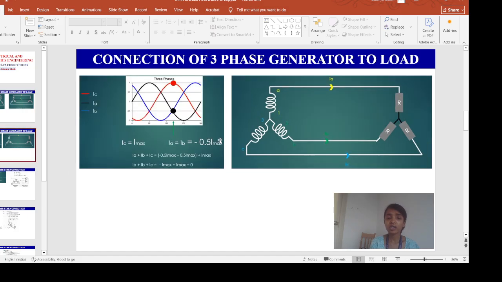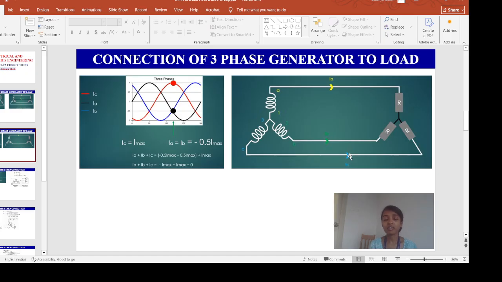That means we can remove this common neutral path also. In that case, we can achieve 50% cost saving, because now my number of conductors has reduced from 6 to 3. Now only 3 conductors are there, right?